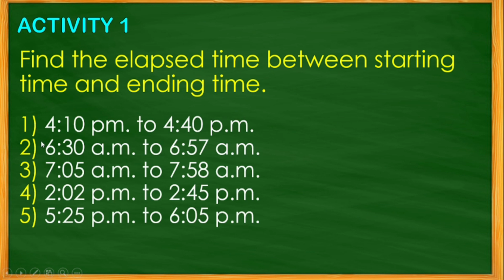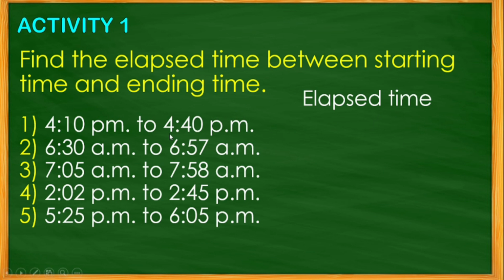For number 1, we have 4:10 p.m. to 4:40 p.m. Number 2, we have 6:30 a.m. to 6:57 a.m. Number 3, we have 7:05 a.m. to 7:58 a.m. And then 12:02 p.m. to 12:45 p.m. Then we have 5:25 p.m. to 6:05 p.m.